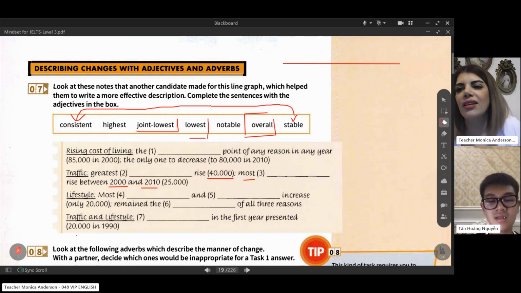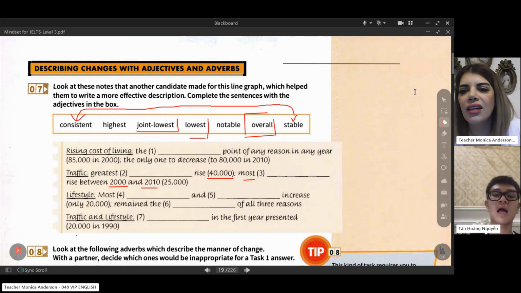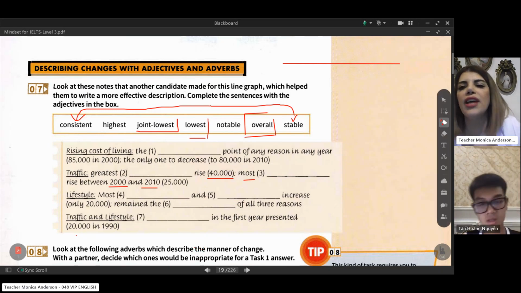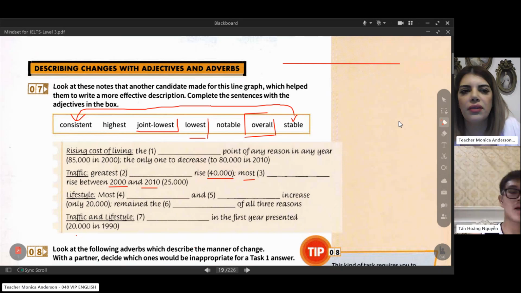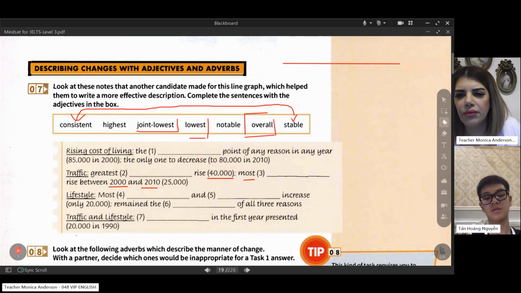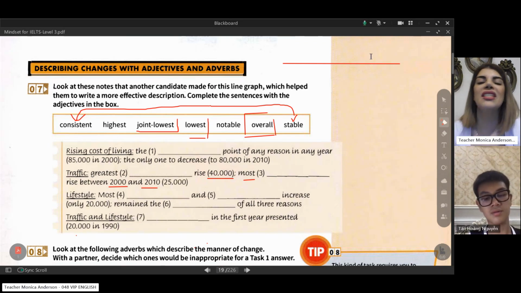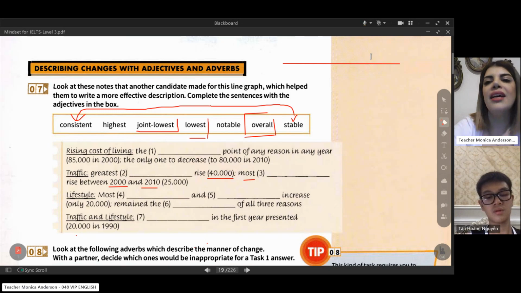Teacher, stable is an adjective? Of course, all of them are adjectives. I think that is a noun. Stable? Yes, of course not. Stable is definitely an adjective.